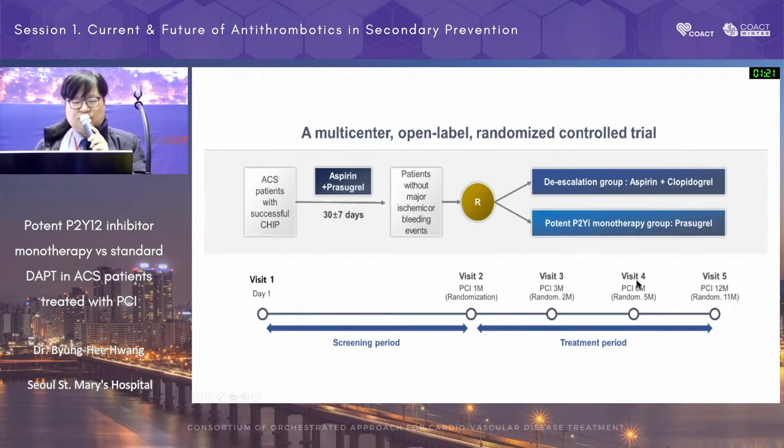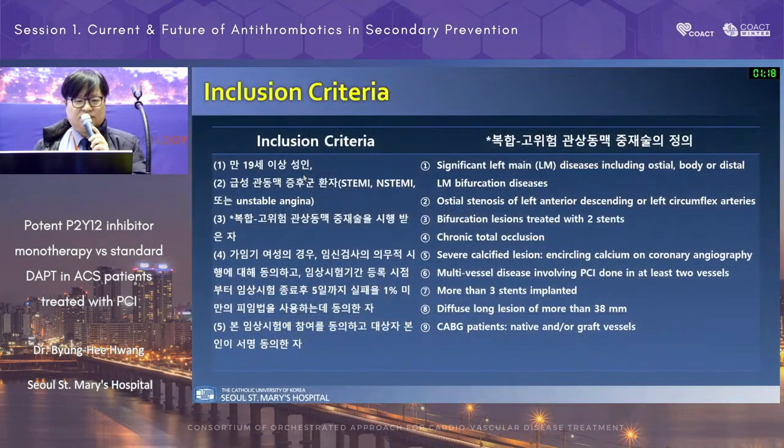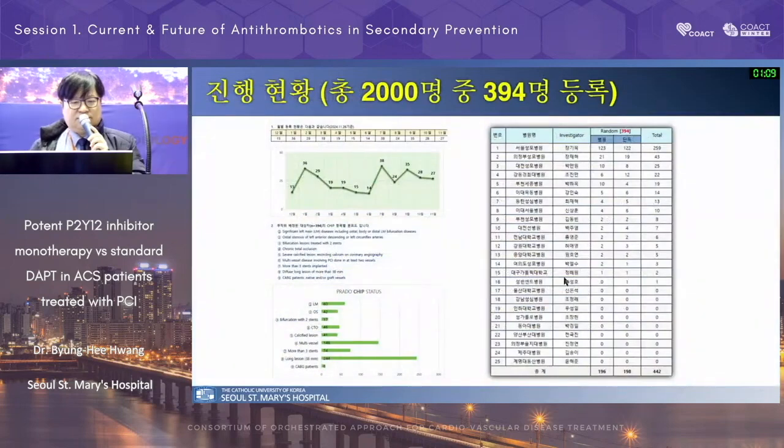We are doing this 1-to-1 randomized trial with inclusion criteria like this: ACS with CHIP patients, defined like this. We are trying to enroll 2,000 people, and 394 patients have been randomized. Left main is 60 cases, OS 42. There are many long lesions, so we are concerned about these long lesions. So this is how it has been done.